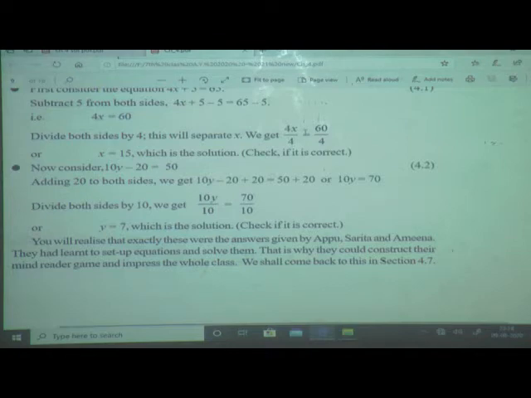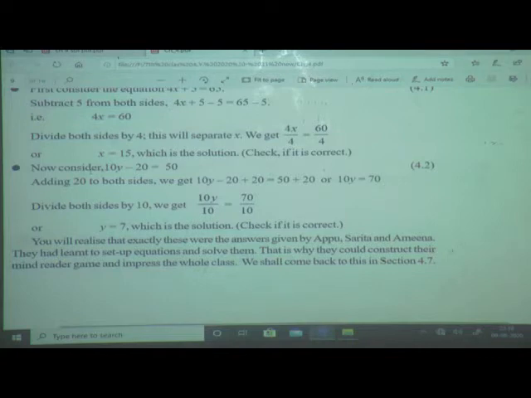You will get x is equal to, what, 15 4s are 60. So x is equal to 15, which is the solution for the given equation. If you know the value of x, you can substitute it in the given equation and check.